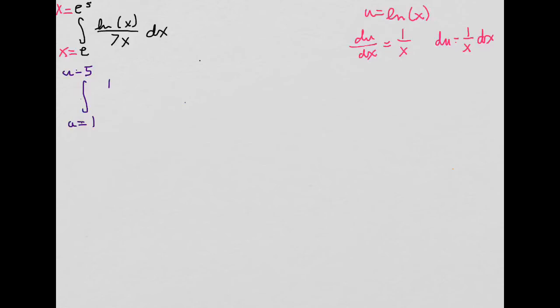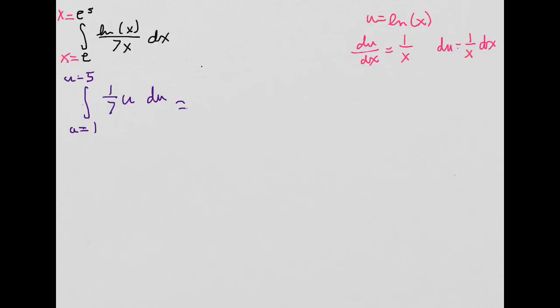And then we have 1/7 u du. So I just pulled out that 1/7, and then natural log of x turns into u, and the 1 over x dx is du. And so when you take that antiderivative, then that's going to be 1/7 times 1/2 u squared from u equals 1 to u equals 5.